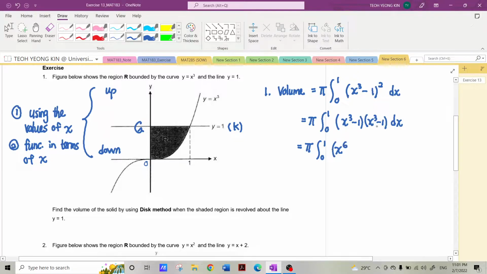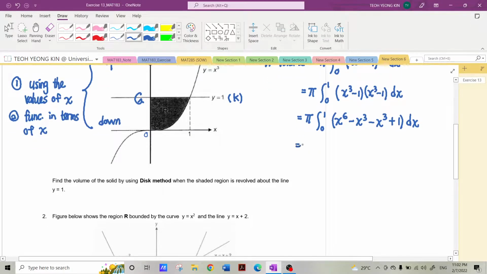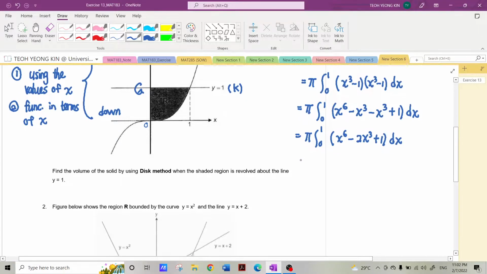Then x cubed times negative 1 is negative x cubed, negative 1 times x cubed is negative x cubed, and negative 1 times negative 1 becomes positive 1, dx. So I simplify: integration from 0 to 1 of x to the power of 6 minus 2x cubed plus 1 with respect to x.